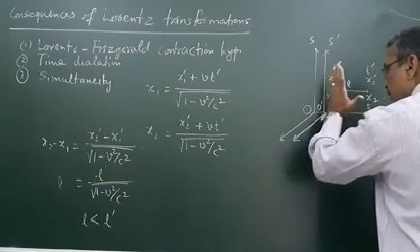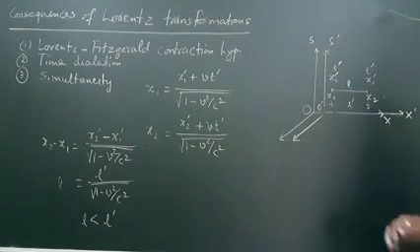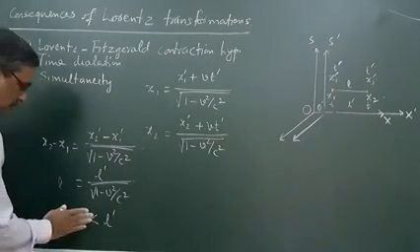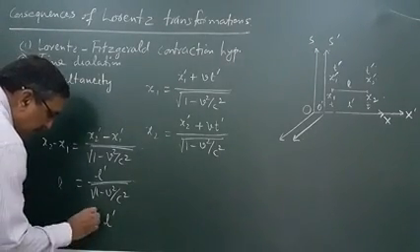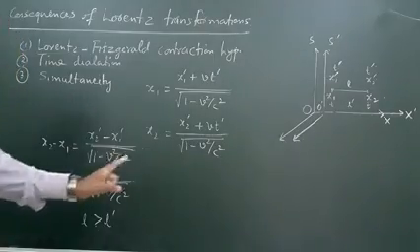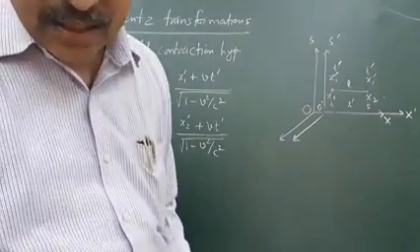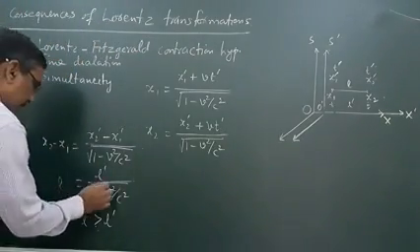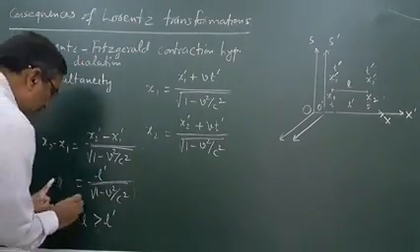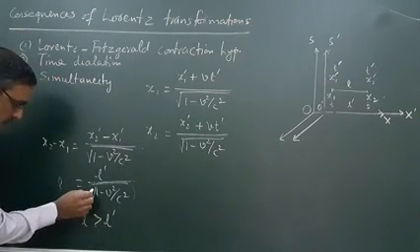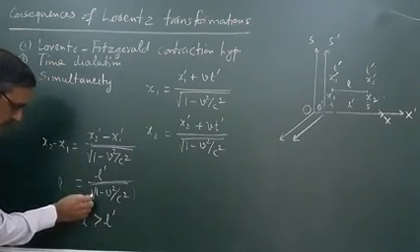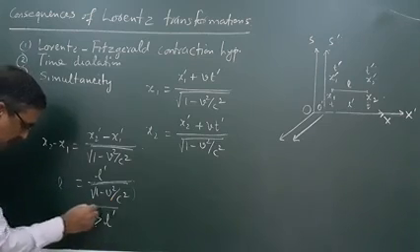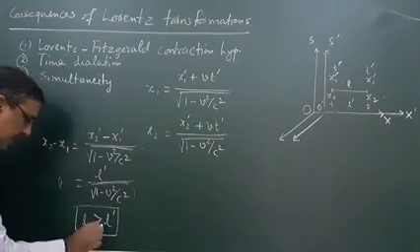The measurement of the rod in the second frame will be L dash, and naturally this L dash is less than L. From this factor we can conclude that L is greater than L dash, since the factor has a value less than 1 and dividing by a value less than 1 gives us this result, right? This result: L is greater than L dash.